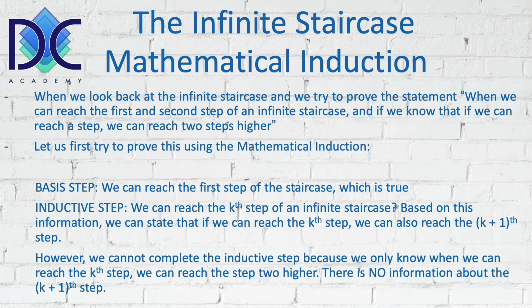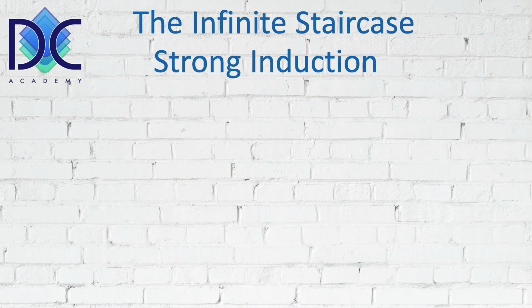Although it sounds very easy to prove that if I can reach one step, I can also reach two steps higher, in classical mathematical induction I can only prove that if I can reach a step, I can reach one step higher. Now let's see how this translates to strong induction.